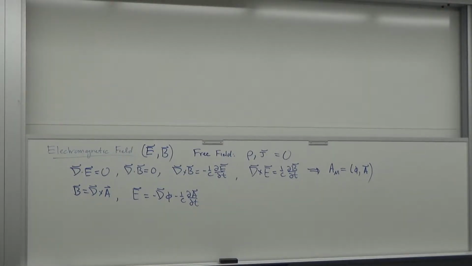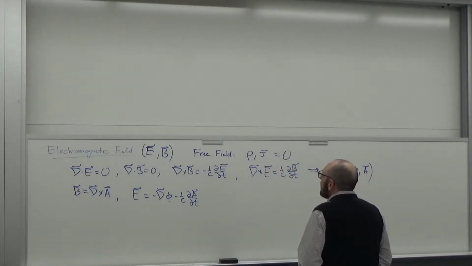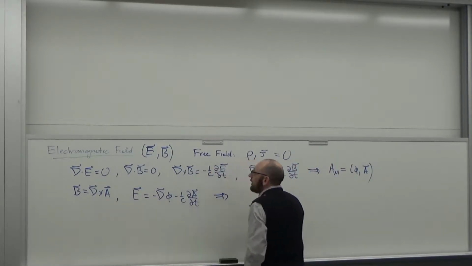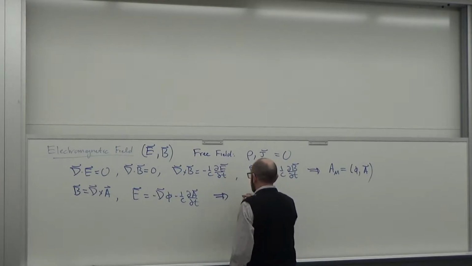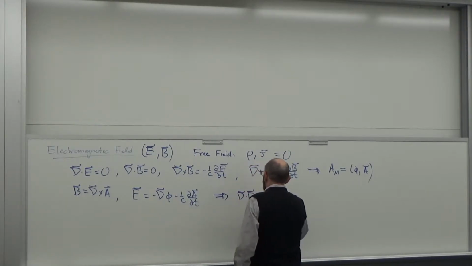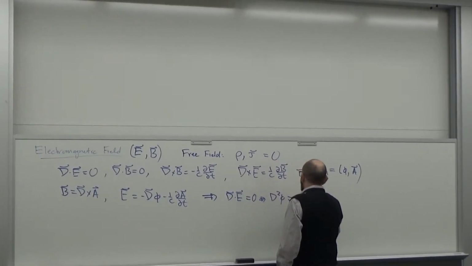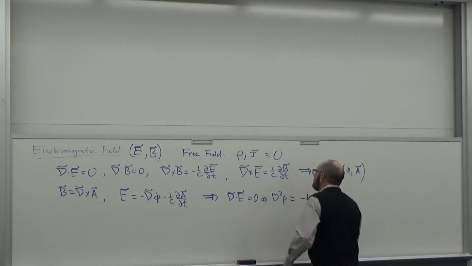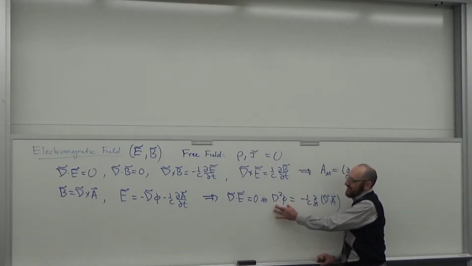As we discussed at the end of the last lecture, if we put these two equations together, del dot E equals 0 implies that del squared phi is equal to minus 1 over c d by dt of the divergence of A. Because of that, phi is not an independent dynamical variable.